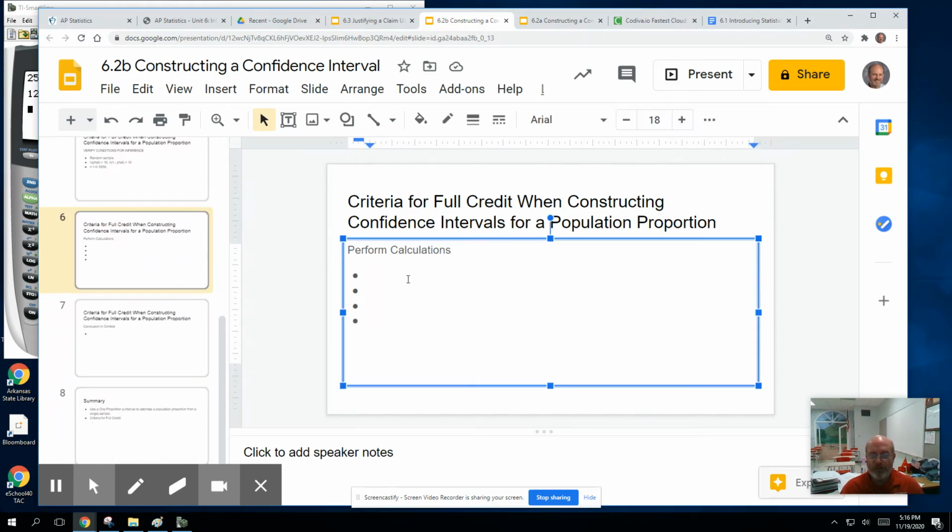Next, we're going to perform our calculations. So we're going to state our confidence level. We're going to plug in p hat, z star, and n to the formula.